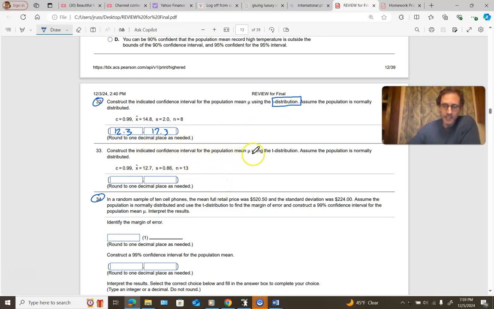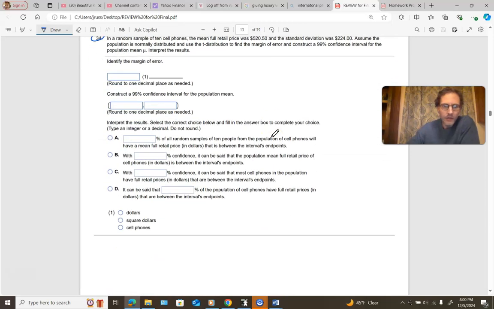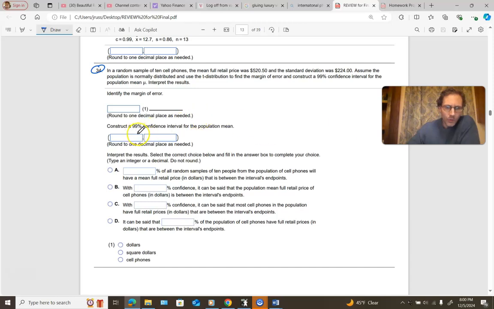Number 33 is exactly the same. 34, however, we're still constructing a confidence interval. However, the first thing that it wants you to do is identify the margin of error. Okay. So it says in a random sample of 10 cell phones, the mean full retail price was $520.50 with a standard deviation of 224.